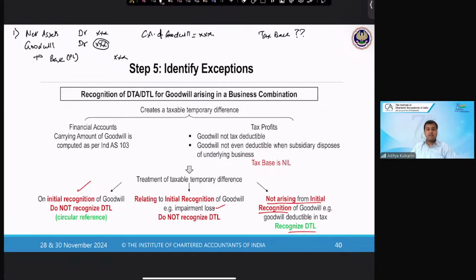Applicability of income tax, is it on a group basis or on a standalone entity basis? A standalone entity base, sir. That's right. So the tax base of this goodwill will always be zero, because you will never have this goodwill in tax, because tax doesn't understand consolidation.